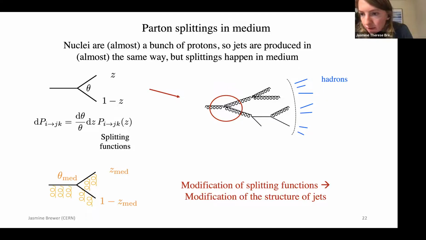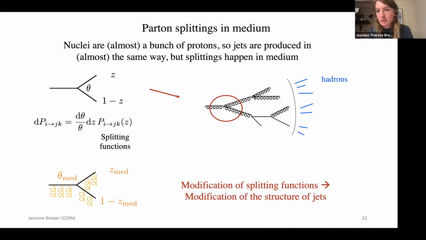Sorry. Okay, no. So now I want to make a connection to what I was talking about last time, which is to talk about jets in the medium. In many ways, I think of nuclei as being very close to just a bunch of protons. So you can think of jets to a large degree as being produced in the same way.